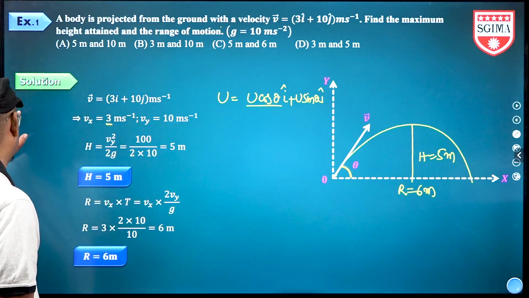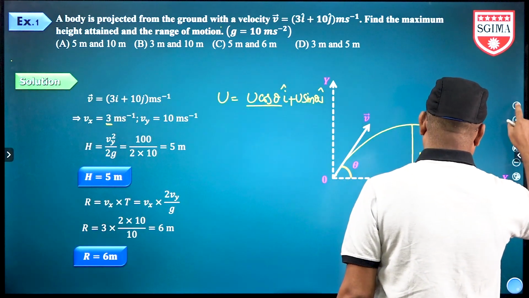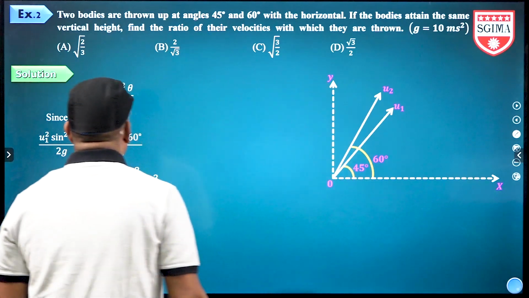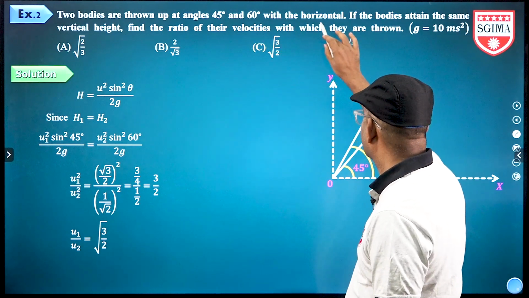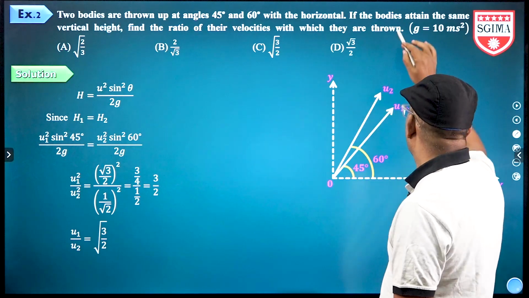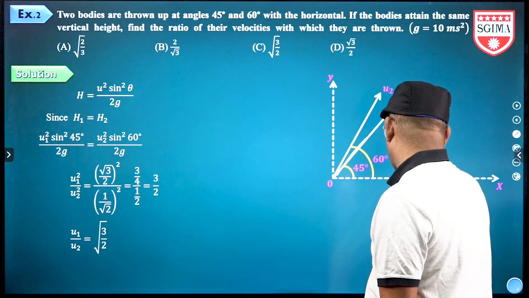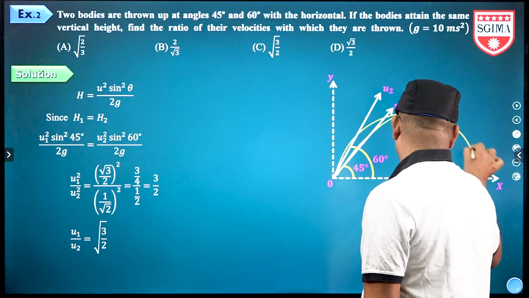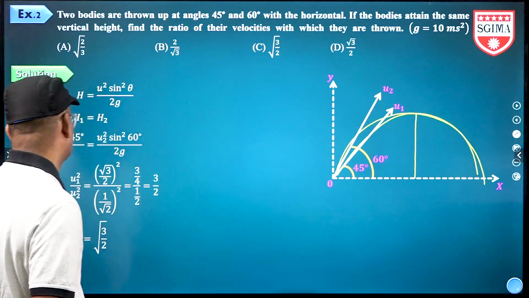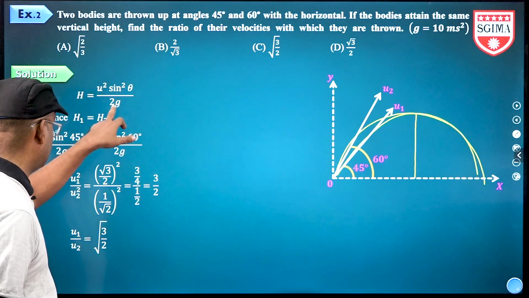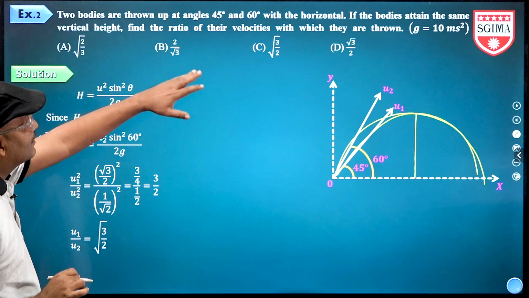Okay. See, now two bodies are thrown at angles 45 degrees and 60 degrees with the horizontal.